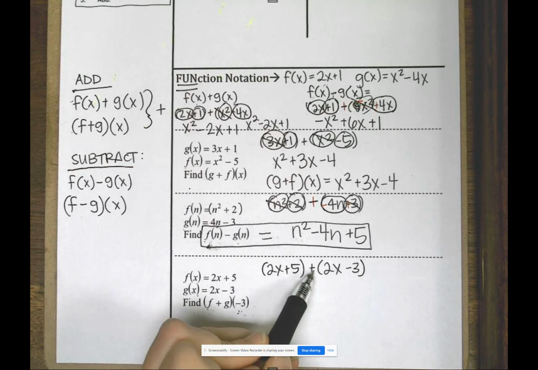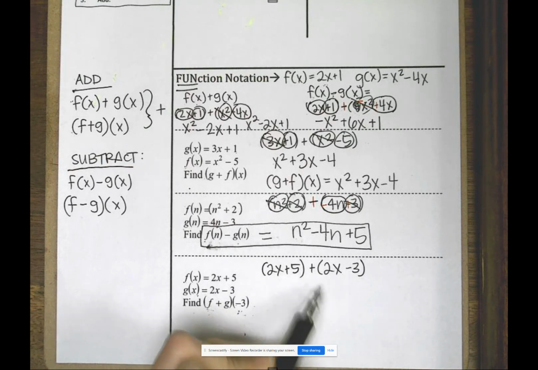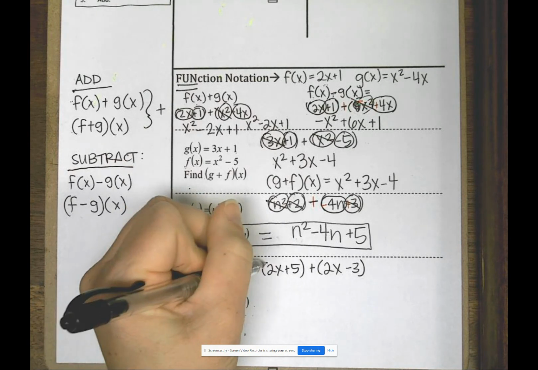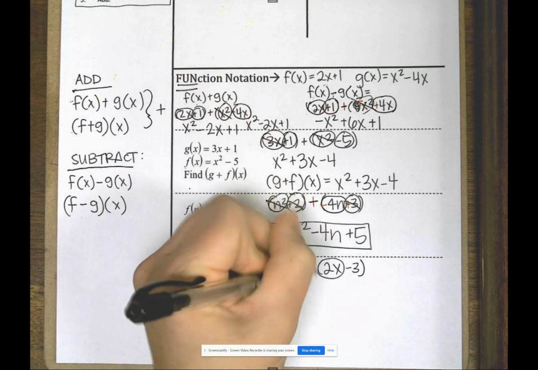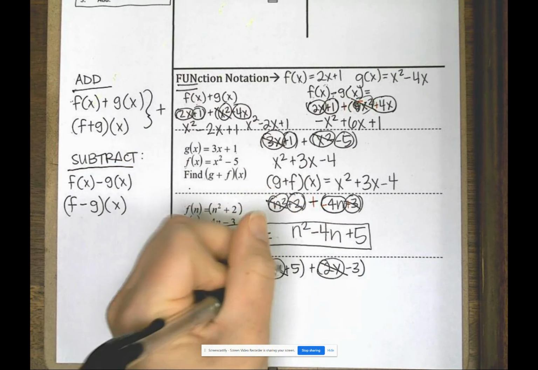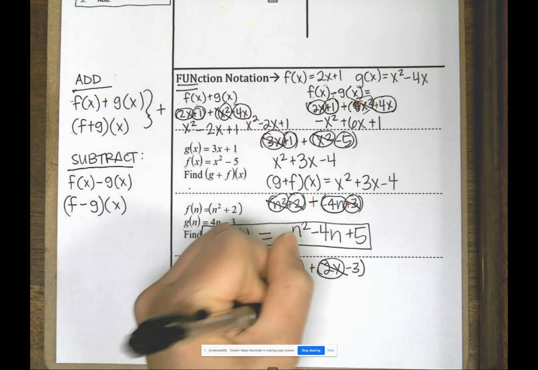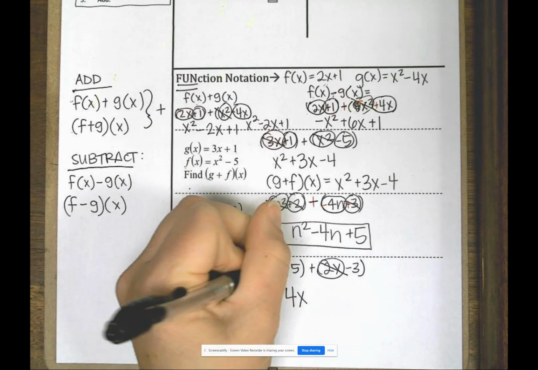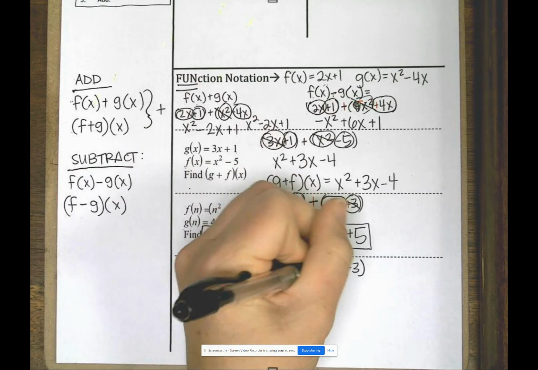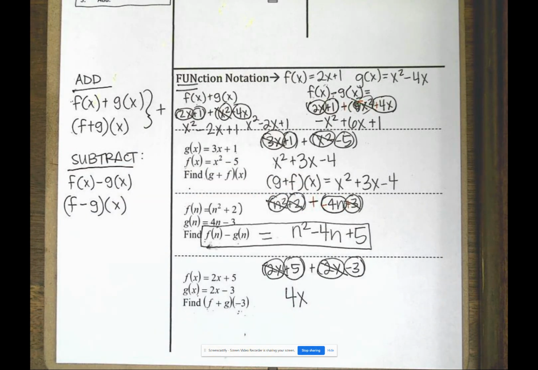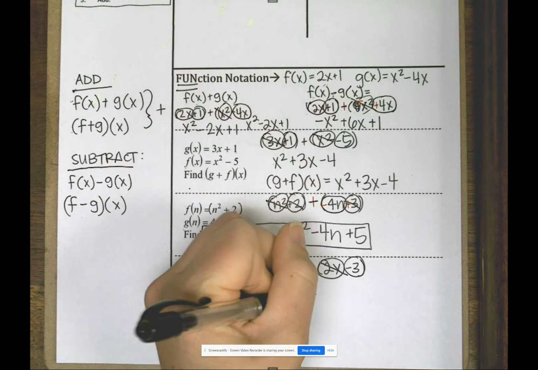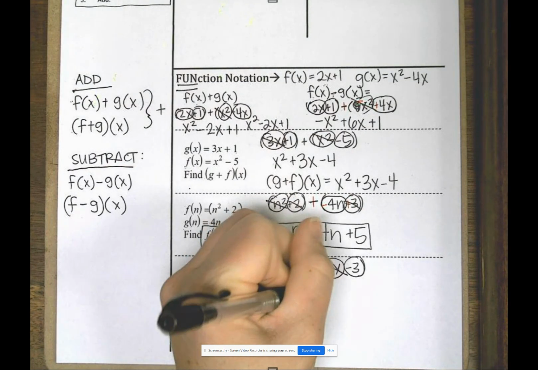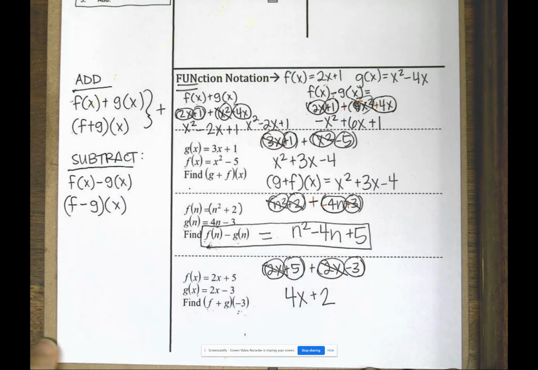Since we're adding, I have nothing to distribute. It's just the terms as they are. And my greatest term is 2x. And so when I combine 2x and 2x, it gives me 4x. And I'm going to combine my constants, plus 5 and a -3. 5 minus 3 would give me positive 2. I don't know why that took me so long.